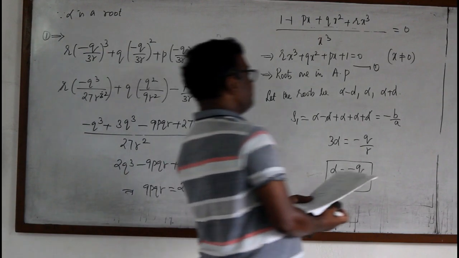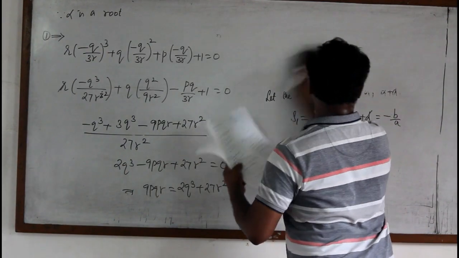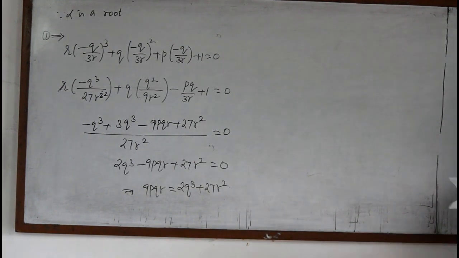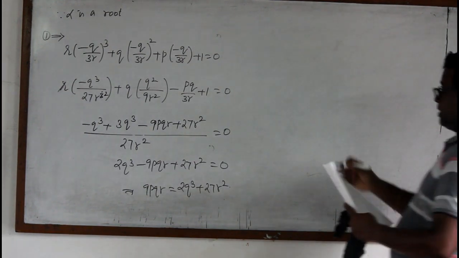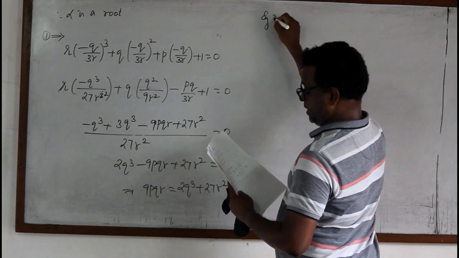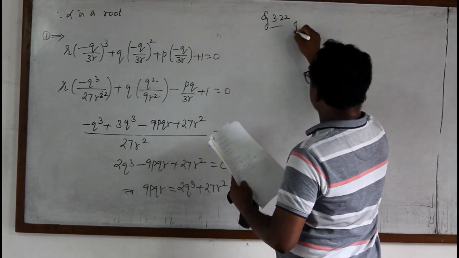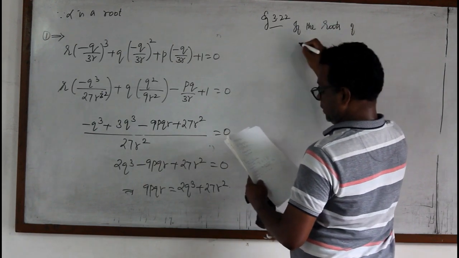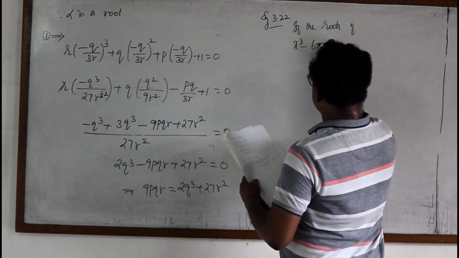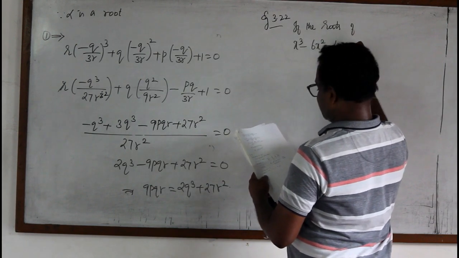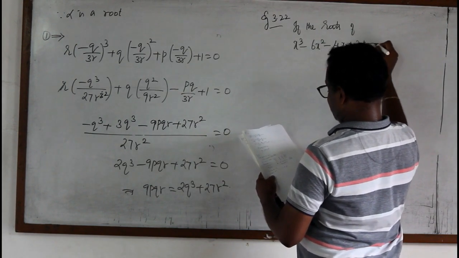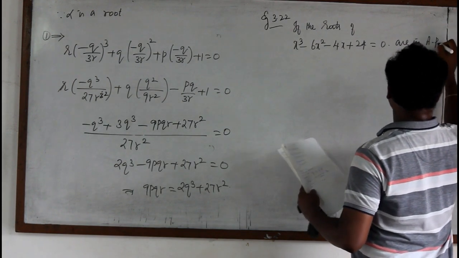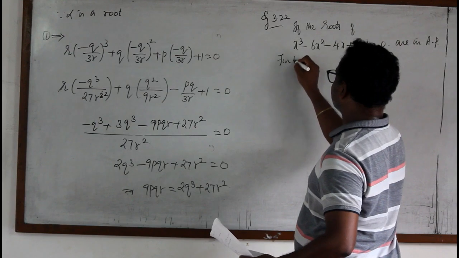This is example 3.21. So go for the next example, example 3.22. If the roots of x cube minus 6x square minus 4x plus 24 equal to 0 are in AP, find the roots.